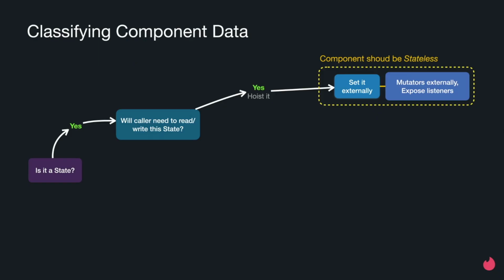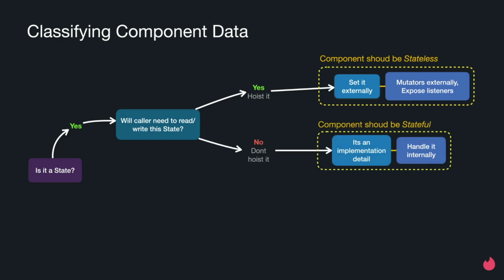However, if the caller didn't need to read or write to that state, then we needn't worry about hoisting it at all. In fact, that state can be handled internally by that component, and that would keep the component as stateful.